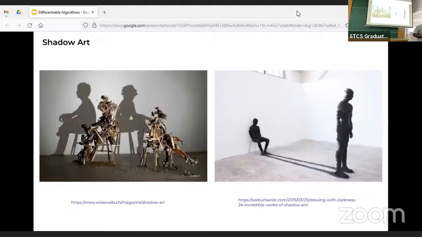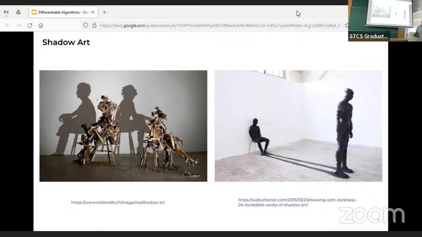If we look at these two examples, here there is a 3D model in the scene, and light is shone from somewhere, and it casts a shadow on the wall to create this meaningful image. Although this shape is not meaningful, the shadow cast is meaningful. And similarly, here we have this 3D real object, and this entire thing is a shadow.